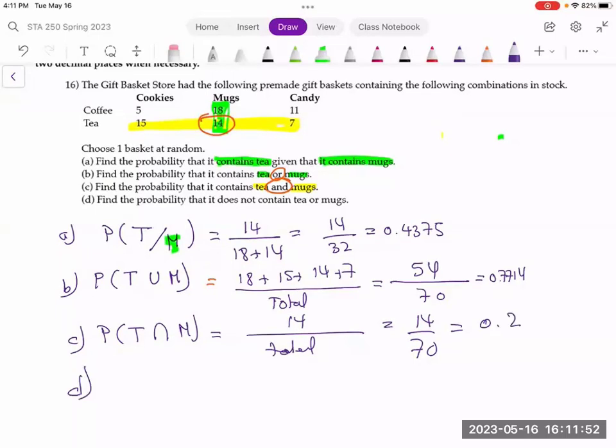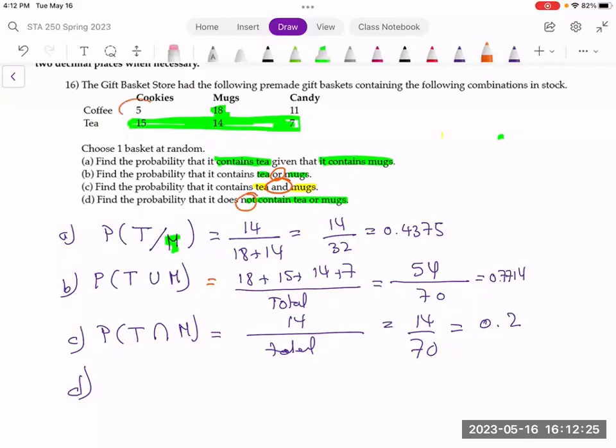All right, for D, what we are looking for here is not containing T or marks. So you can go right away and select not having T and marks. You can select the T's and you can select the marks as well. Are you taking them or not? No, very good. Because they say not, you're not taking the T's and the marks.